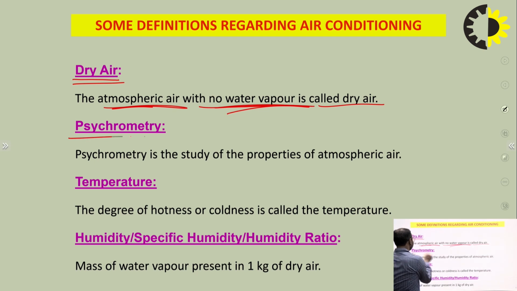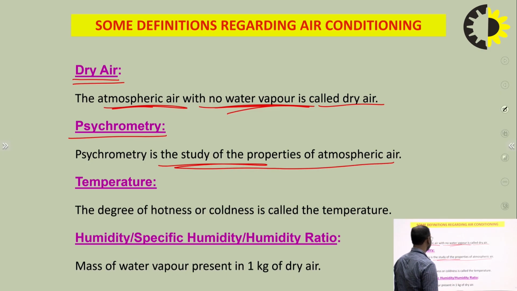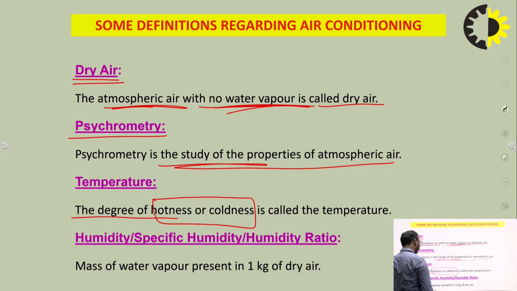Then what is psychrometry? Basically, the study of properties of atmospheric air is called psychrometry. Then what is temperature? The degree of hotness or coldness is called temperature.